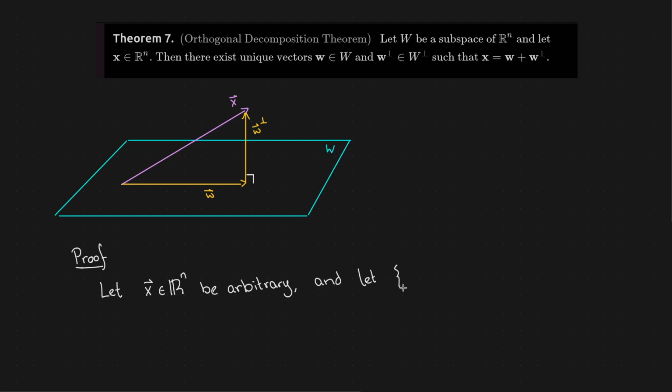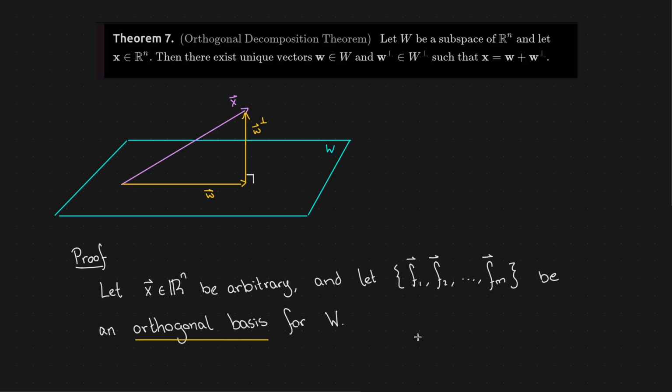And let the set of vectors f1, f2, all the way to fm be an orthogonal basis for subspace W. We've seen in the past that as long as we have a basis, we can use the Gram-Schmidt process to turn it into an orthogonal basis. So subspace W will have an orthogonal basis.